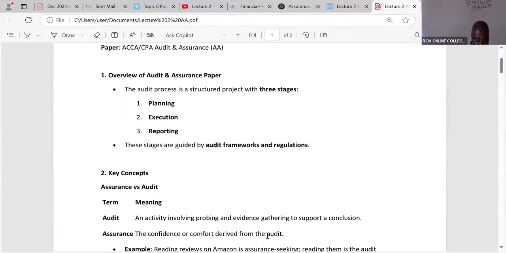Now, please, ladies and gentlemen, listen to me very well. When, for example, you tell me to carry out an audit, I've been given this assignment by the shareholders of White Sands Hotel. Why are they giving me this work as an independent practitioner? They're giving this work to AHur & Co, which is a registered audit firm that is independent, simply because the shareholders could be very many, like 50,000, and all of them will not be able to move around the hotel to manage it.